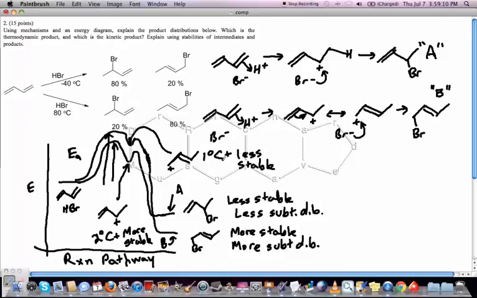Now, because this carbocation is less stable than this carbocation, it stands to reason that the activation energy required to get to the less stable one is greater than the activation energy required to get to the more stable one. The one with the lowest activation energy is the kinetic product, or the kinetic pathway if you like.